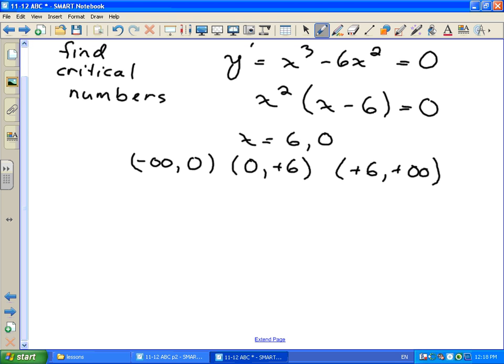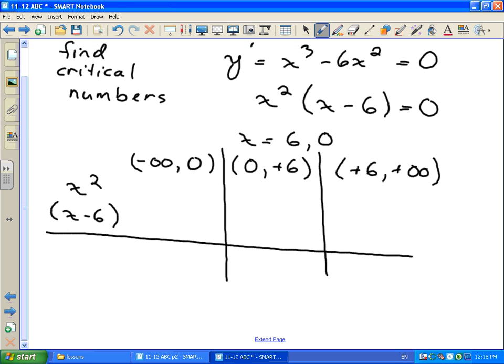Okay. So we want to check the sign of each of our terms here and figure out overall the sign of our derivative.